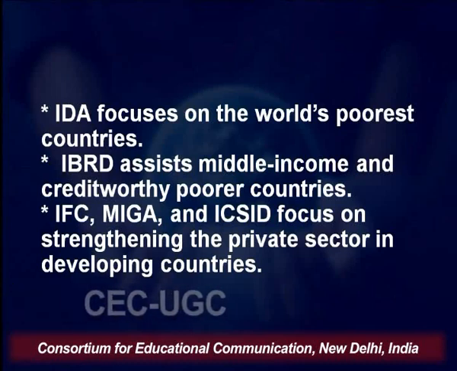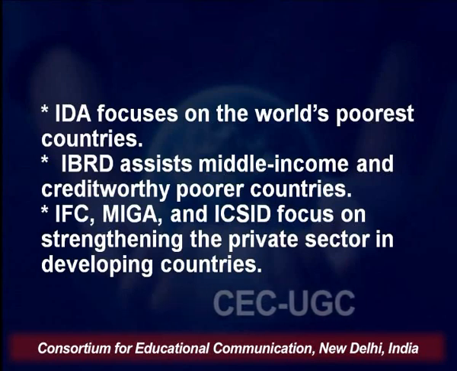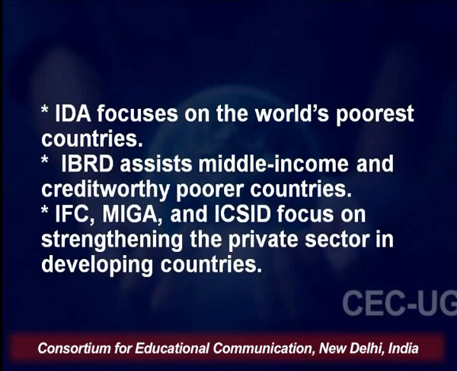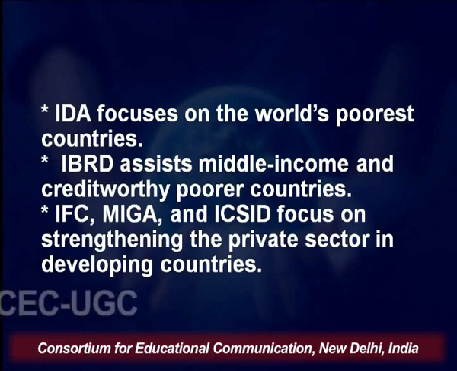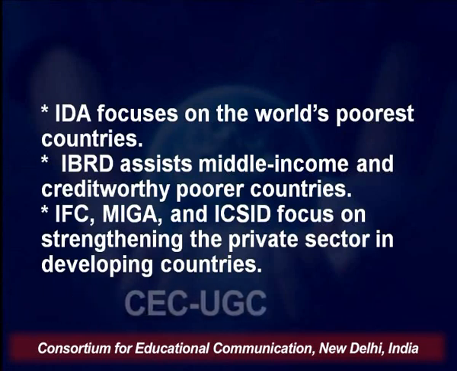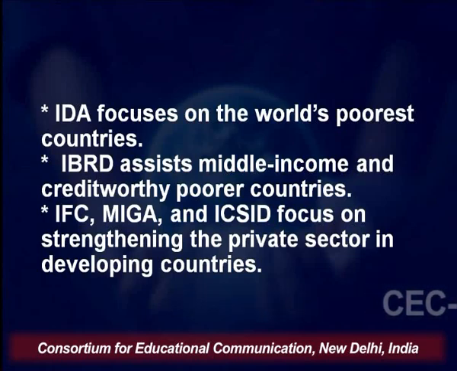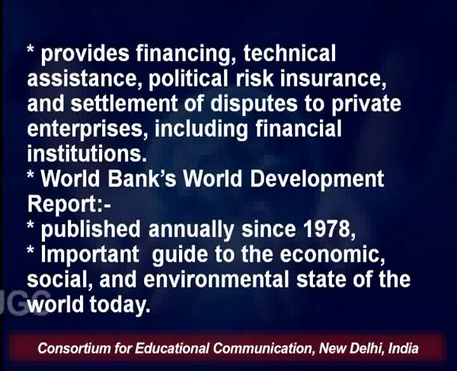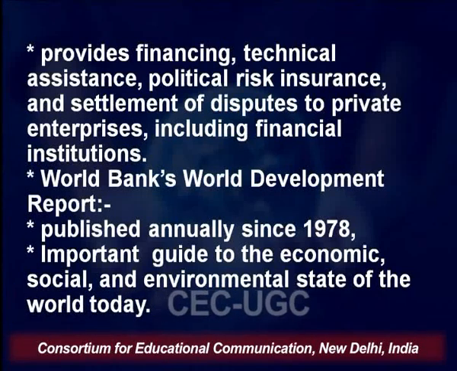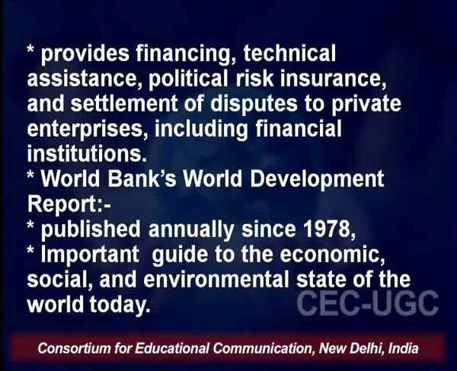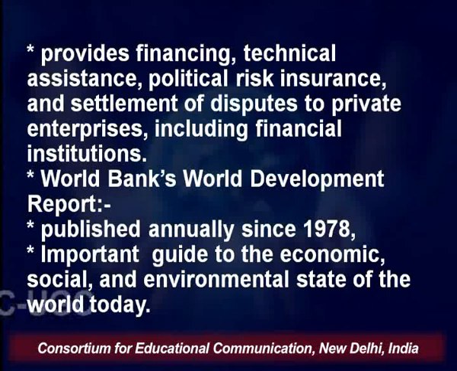IBRD assists middle income and credit-worthy poorer countries. IFC, MIGA, ICSID focus on strengthening the private sector in developing countries. It provides financing, technical assistance, political risk insurance, and settlement of disputes to private enterprise, including the financial institutions.